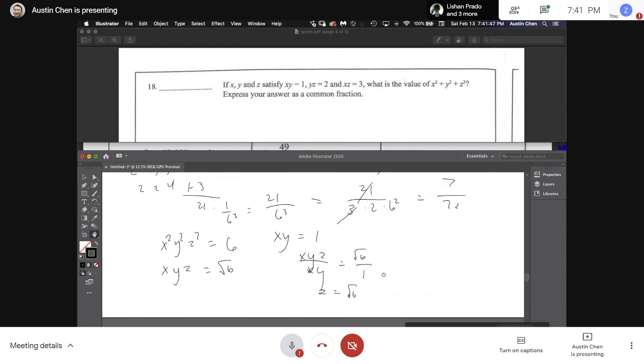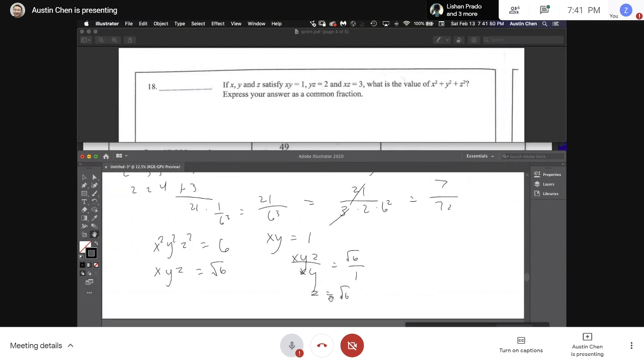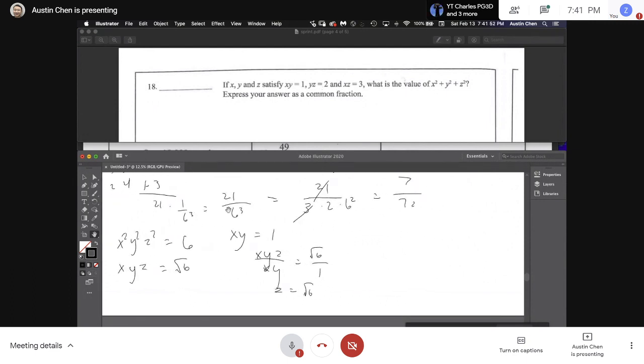You can do this for all of them and get each individual variable. Here x will equal root 6 over 2, and y will equal root 6 over 3. So just recognize that if you have xy, yz, and xz, you can use this technique to solve for each of the variables.